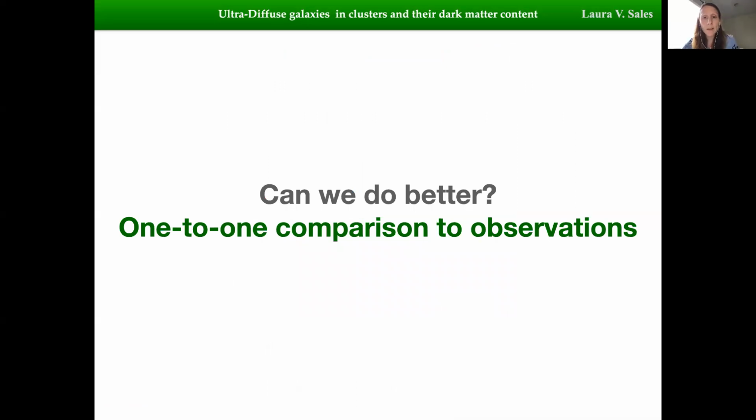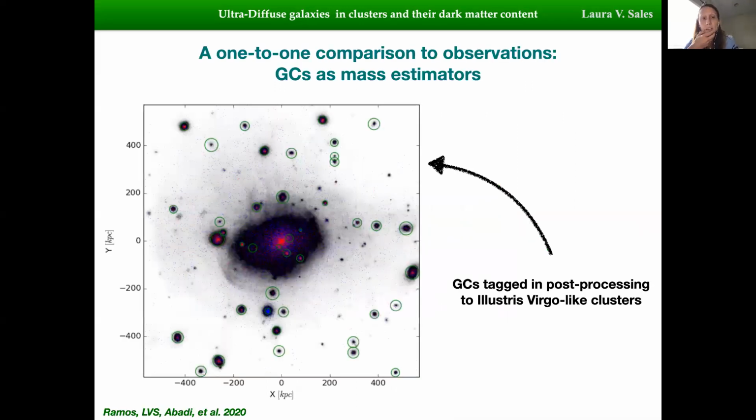Now, the question is, can we do any better to understand these objects? And one of the things is that we're not really doing a one-on-one comparison to observations. For example, when we measure the mass. So the mass in observations is measured through, I said, kinematics of globular clusters. So what we did is we used a globular cluster catalog run on Illustris. This globular cluster catalog was created by Felipe Ramos from the house here, working with Mario Abadi and Hernan Muriel.